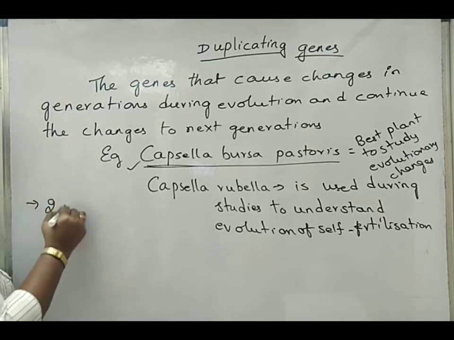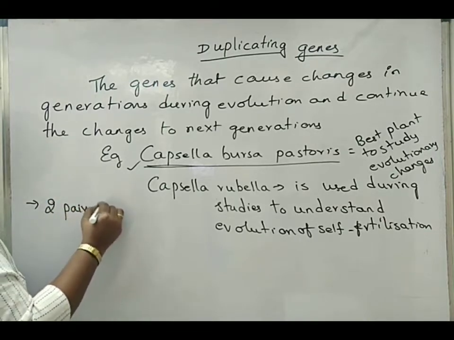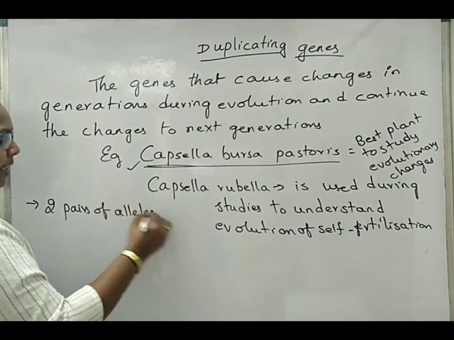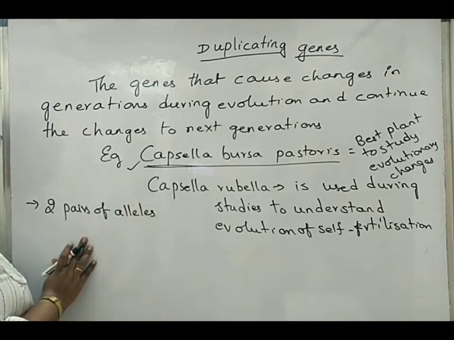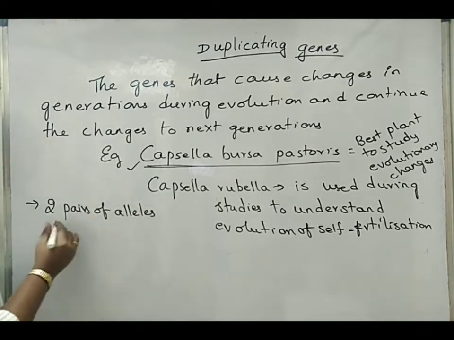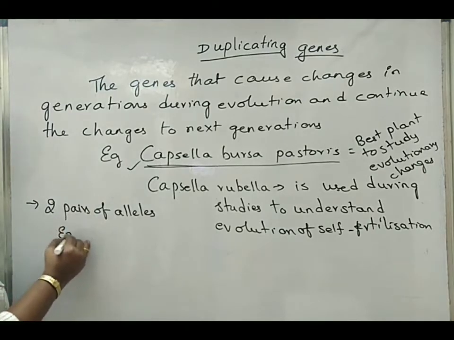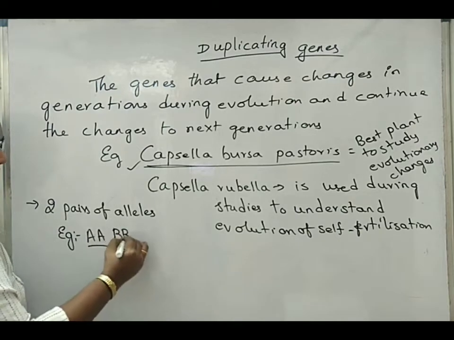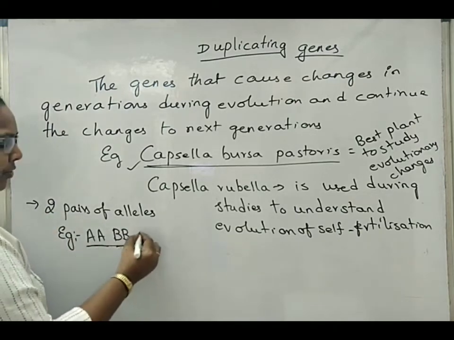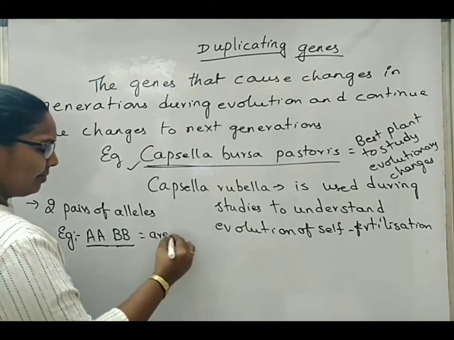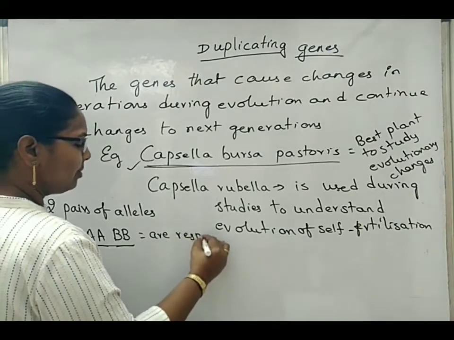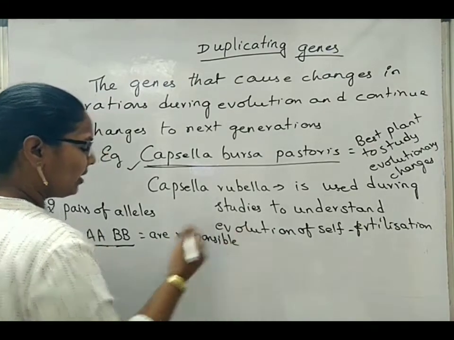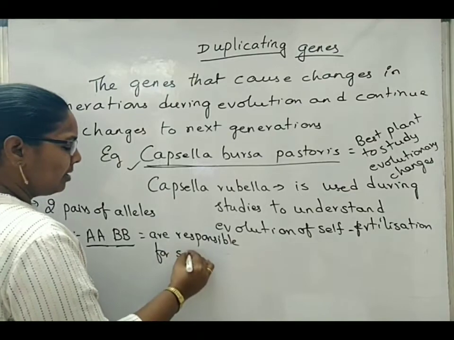There are two pairs of alleles that are responsible for the same type of character. Example, let's take a pair like this, another pair like this. Both of them represent the same character.